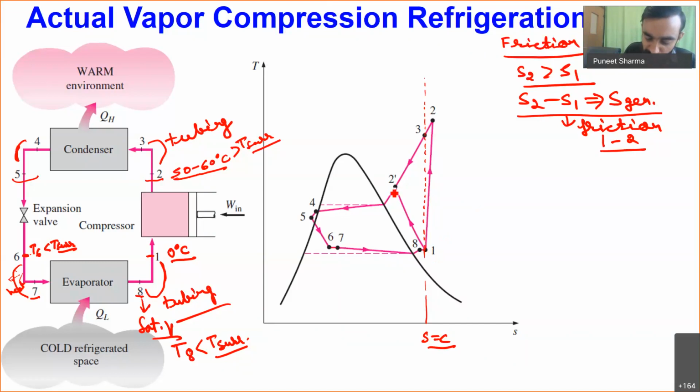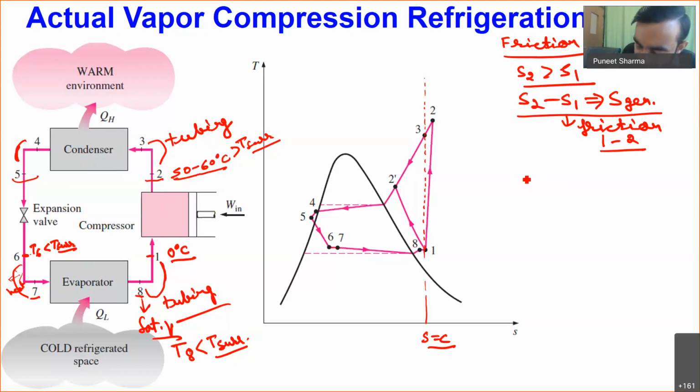So during process 1 to 2 dash, what will be happening? Inside our compressor at the inlet point, we have a temperature close to 0 degrees Celsius, and at the outlet point we have a temperature of 50 to 60 degrees Celsius, which is very high in comparison to the surrounding temperature. Okay, so it means in the compressor we are having high temperature. So that's why in the compressor we will have a certain amount of heat loss into the surrounding.